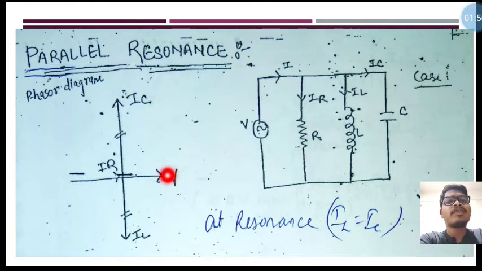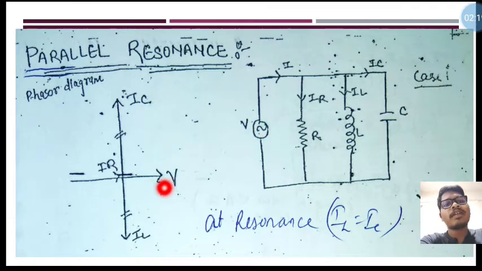So let's see the phasor diagram. I have already told you that in the series resonance circuit, current is taken as the reference phasor, but in the parallel resonance circuit we consider voltage as our reference phasor.